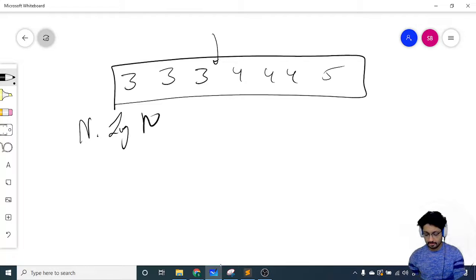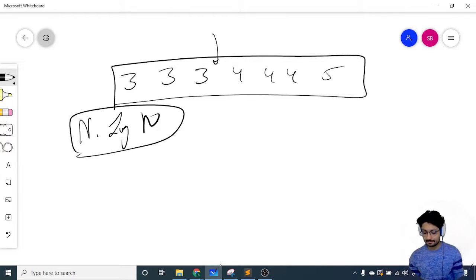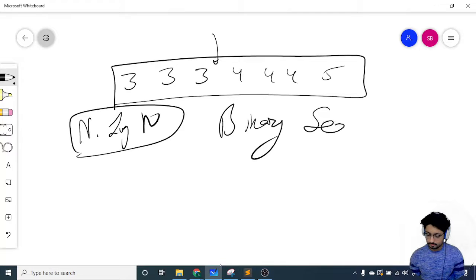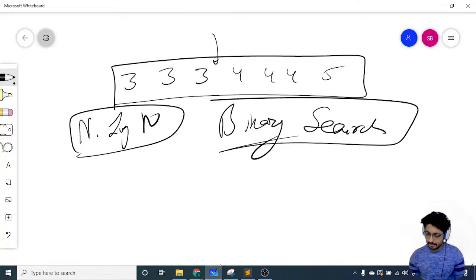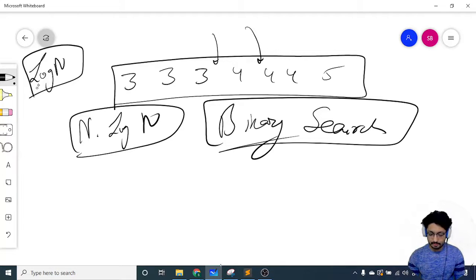Then I can use binary search to find out which position I should land, because I only want to find my position. Whenever you feel like you have to do some operation in log n, only one algorithm is beneficial, and in that case it is binary search. So think in that direction.